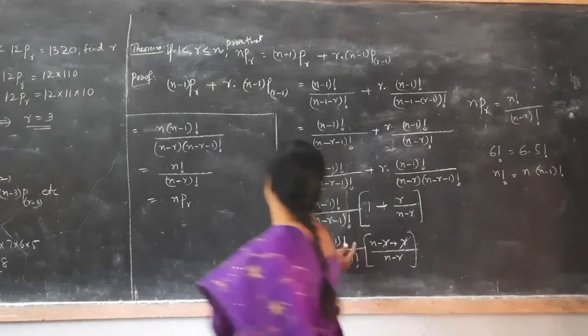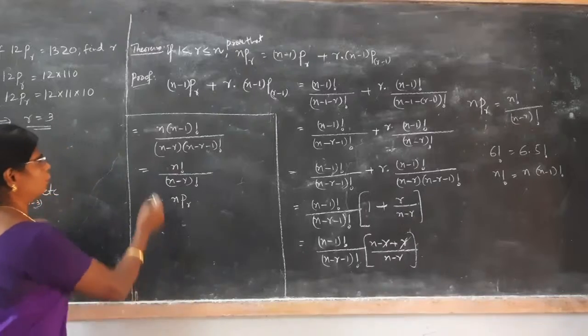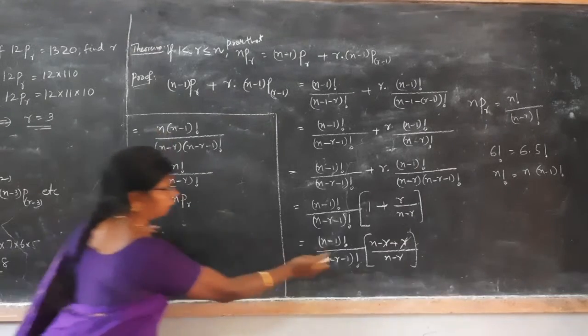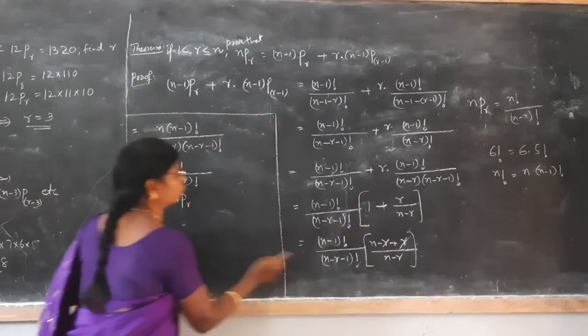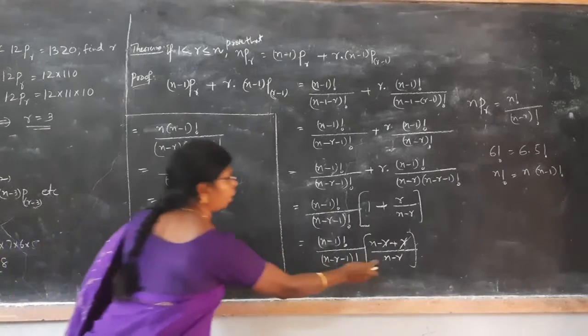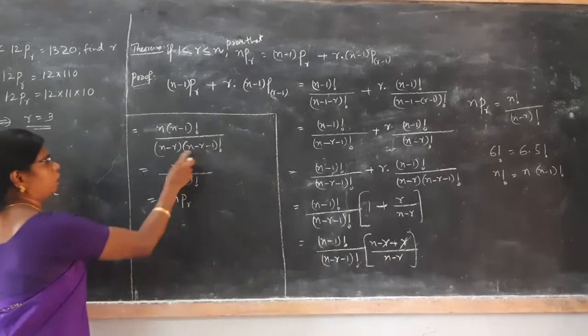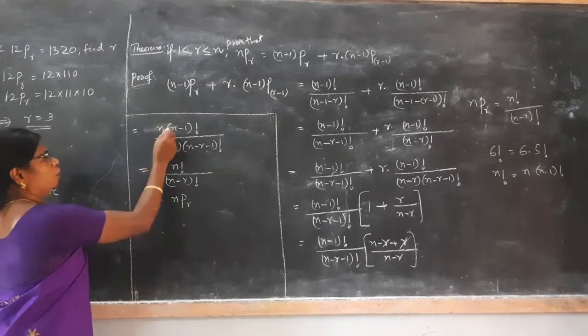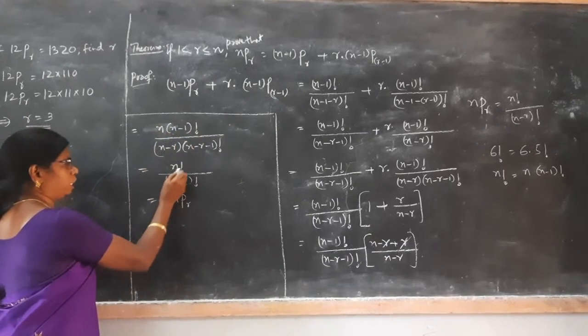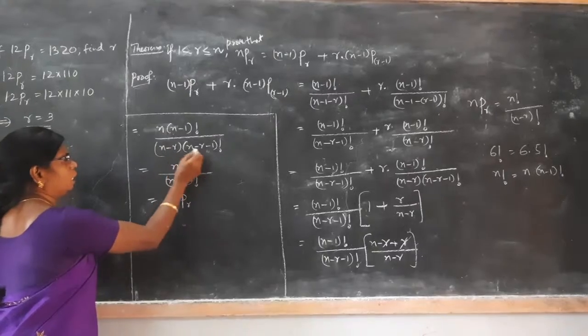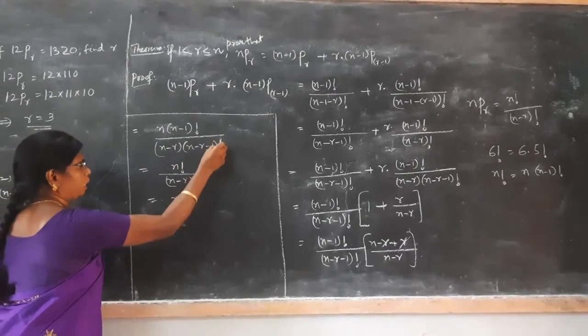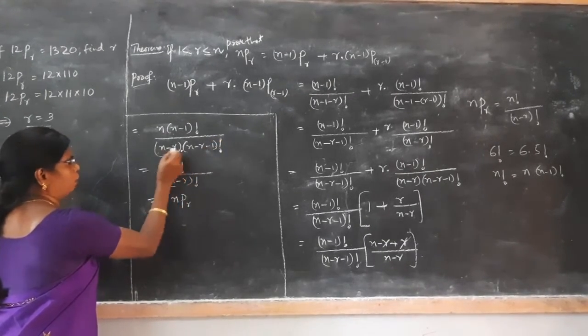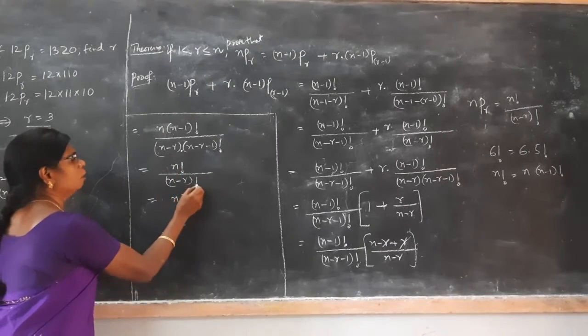The next continuation is n into (n minus 1) factorial by (n minus r) into (n minus r minus 1) factorial. Now n into (n minus 1) factorial is nothing but n factorial, and here (n minus r minus 1) factorial into (n minus r) is (n minus r) factorial.